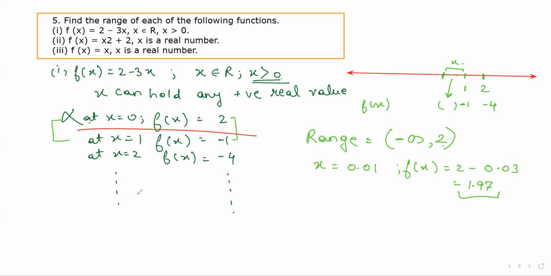Next, f of x is x squared plus 2 and it's given that x is a real number. Now there is no restriction on x. No matter what, there is an x squared in f of x. So even if you place a negative value, this will be positive.